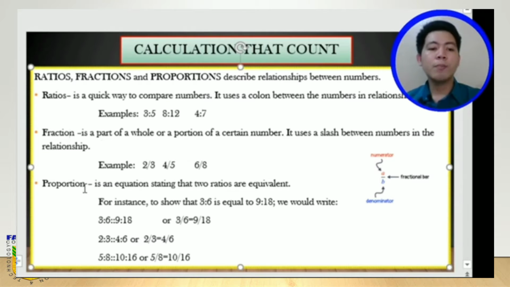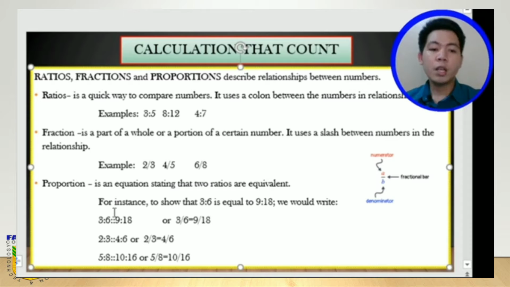For proportion, it is an equation stating that two ratios are equivalent. Meron ka na ditong involved na dalawang ratio na equivalent. So, for instance, to show that 3:6 is equal to 9:18, we would write 3:6 is equal to 9:18. Okay? Or 3/6 equals 9/18.